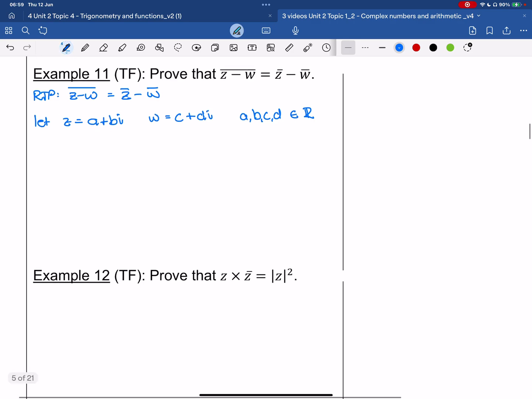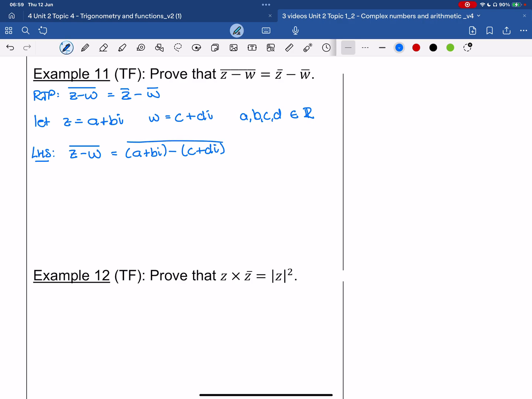All right, let's have a look at the left-hand side. So the left-hand side is z minus w all conjugated. So that means I'm going to have the conjugate of a plus bi minus c plus di.